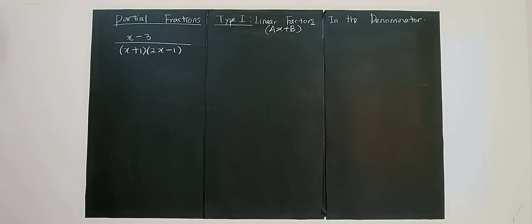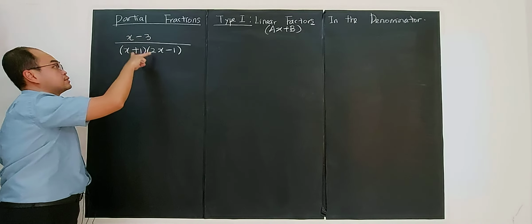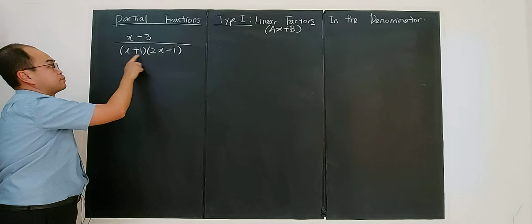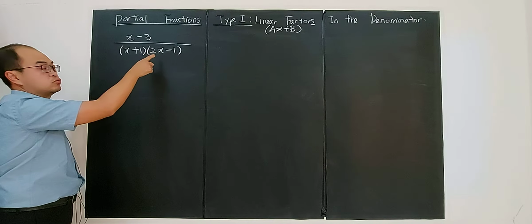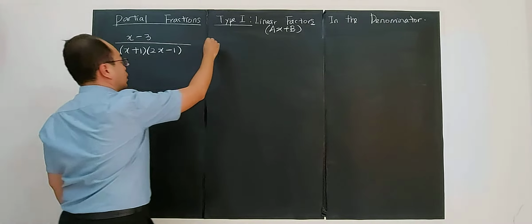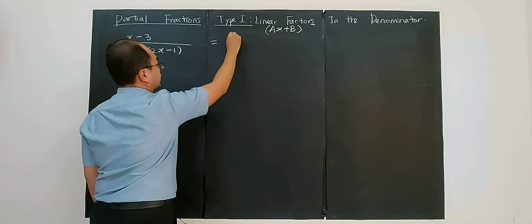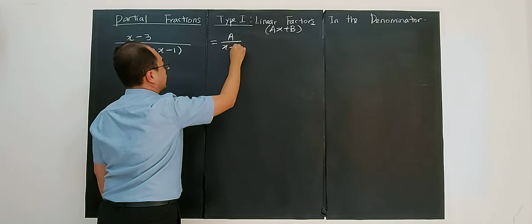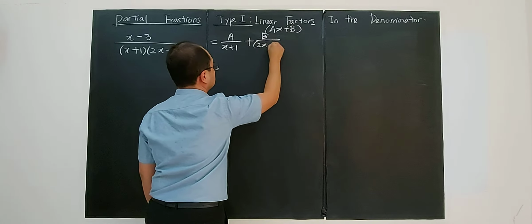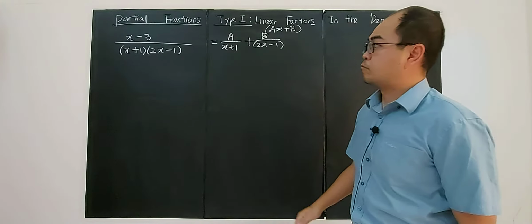This is a rational polynomial function: a polynomial over a polynomial, and the degree on top is less than the degree after you expand the denominator, x power 2. So in this case, you can decompose it into partial fractions of the form a over x plus 1 plus b over 2x minus 1, since these are linear factors. This will be the partial fraction for this function here.